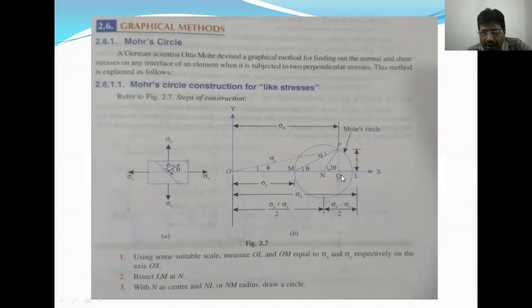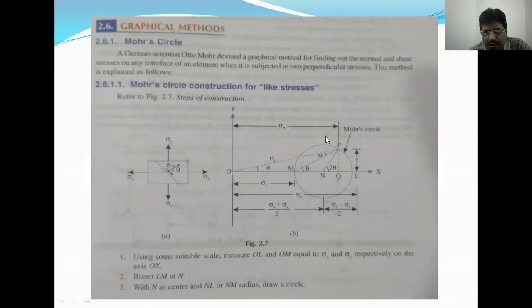Now, when we have drawn a complete circle and we know the center point and two extreme points, we are again given the theta. We have found the plane along which there are no shear stresses and only direct stresses. So we will draw a line at an angle of 2 theta from the center, and this line will cut the circumference of the circle.